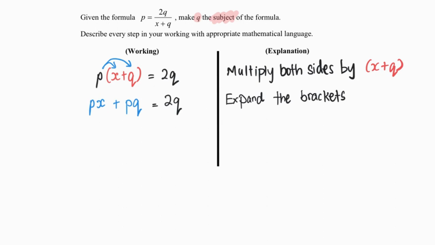Next, we are going to move all the variables with q to one side of the equation. Then I see that there is a q here. I'm going to minus q on both sides such that I may be able to have all the terms with the q on one side.